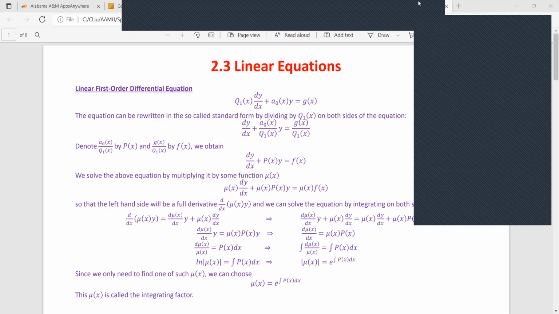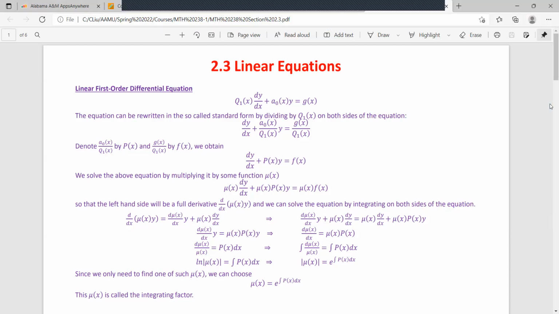Okay, so we just finished 2.2 last time: separable equations, where you can separate the variables into the two sides and then integrate the different variables on the two sides separately.